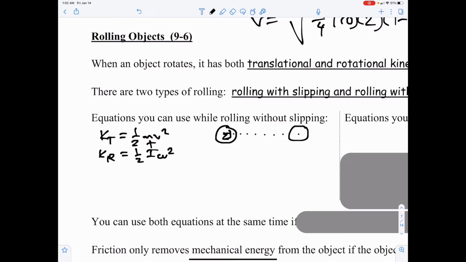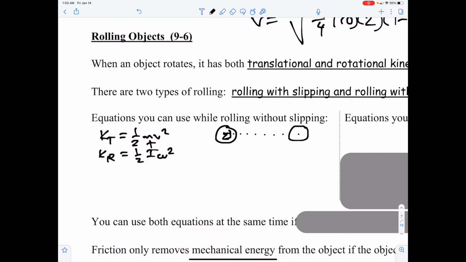Now, if you're gliding and you're not actually rotating, then all you have is translational kinetic energy. If you're just pure rotation with no translational movement whatsoever, in other words, the object did not move from point A to point B, then all you have is rotation. But if you're rolling without slipping, your center of mass is translating, and the object's rotating.